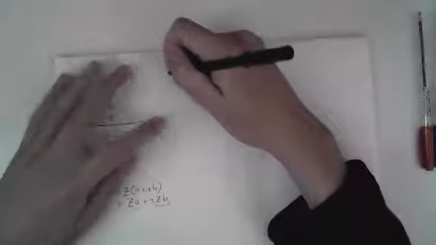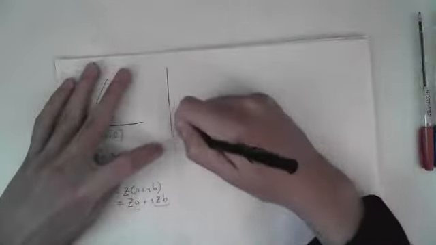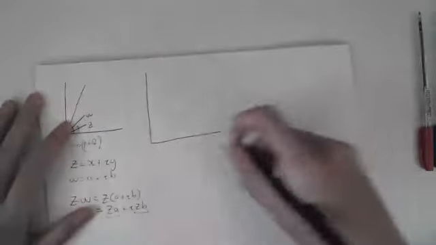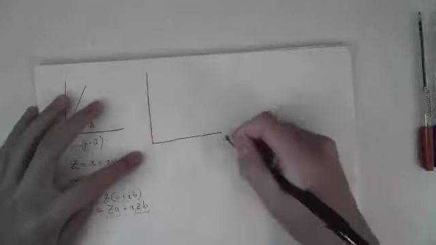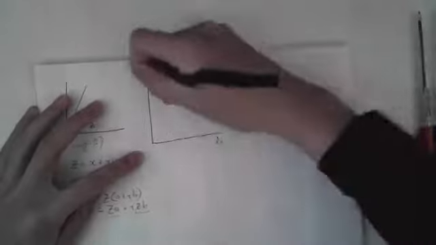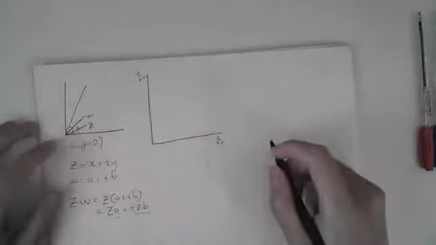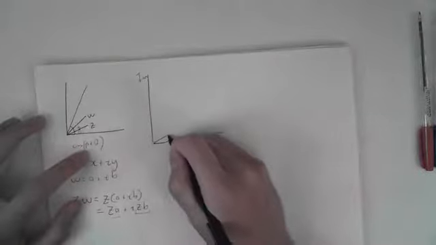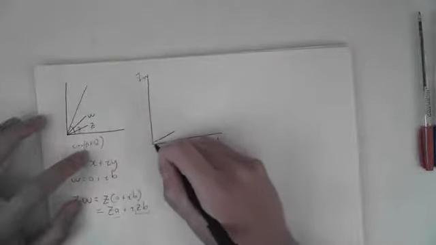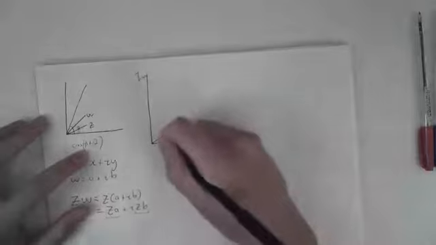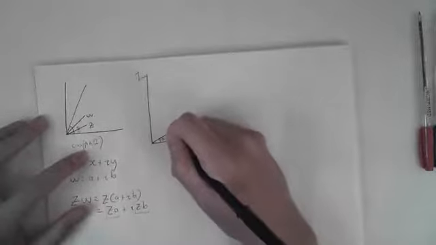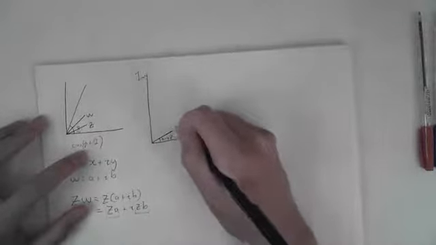So if I draw out another plane, and I have real, imaginary. So if I have z, say that's my trusty vector z. Obviously this is arg z, right?